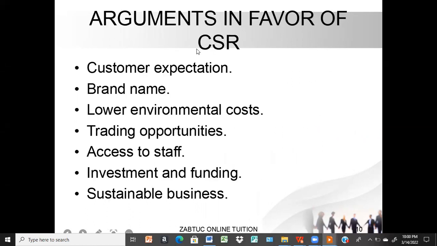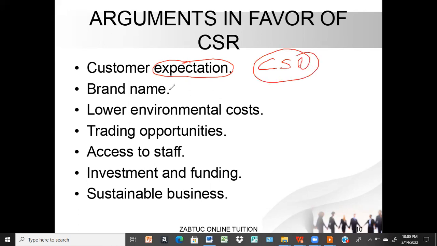What are the arguments in favor of CSR? Customers are expecting you to have an excellent CSR. It will strengthen your brand. If you have got good CSR, your brand will be very, very strong. You reduce your environmental costs as well.